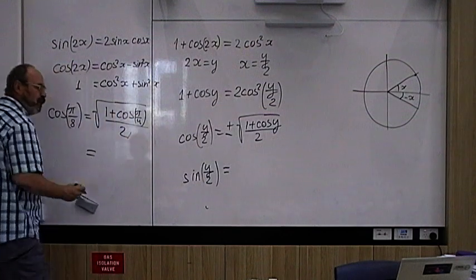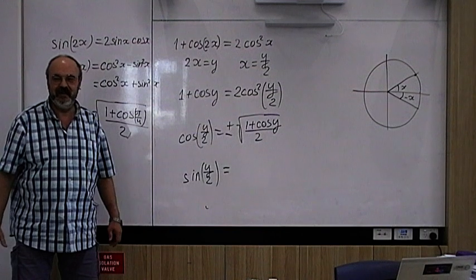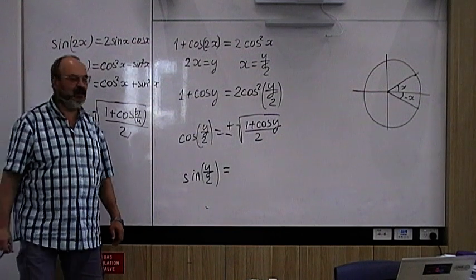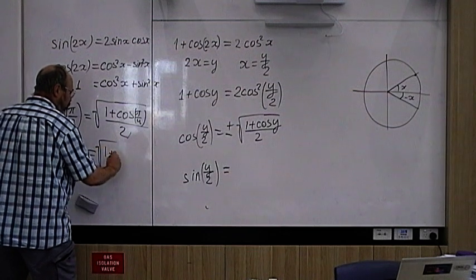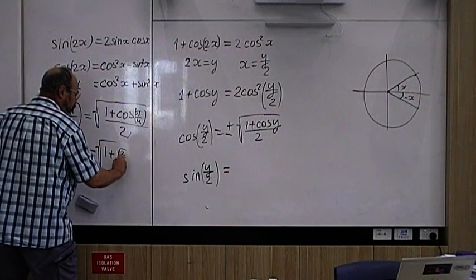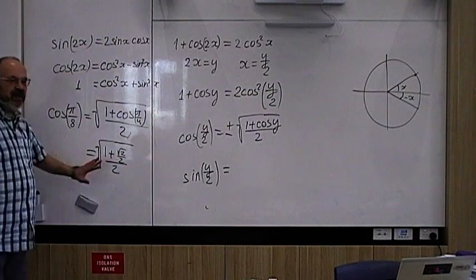What is cos pi on 4? Root 2 on 2. So it equals the square root of 1 plus root 2 on 2, over 2. Well, this can be simplified further.